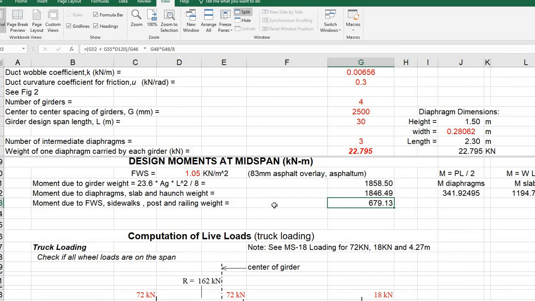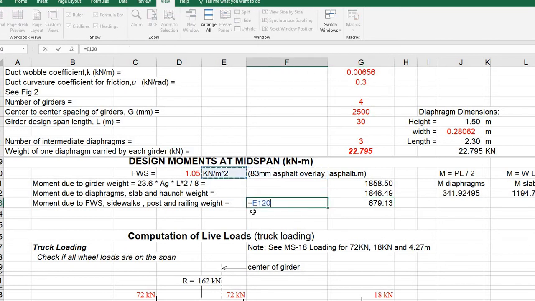Ngayon, magde-depend yan dito sa FWS. Okay, so 1.05 multiplied by the girder spacing divided by 1,000 para maging meter yan. Okay, next.